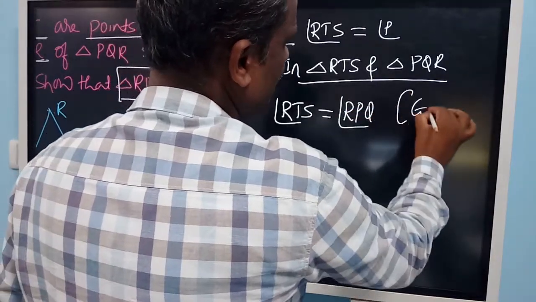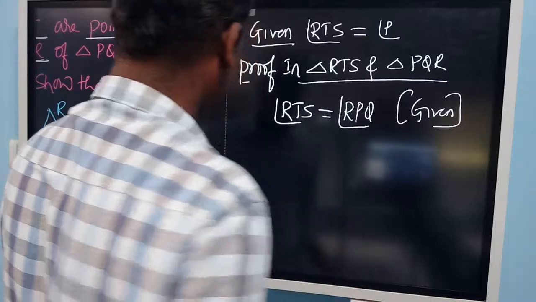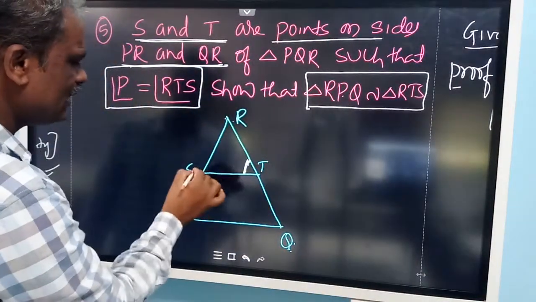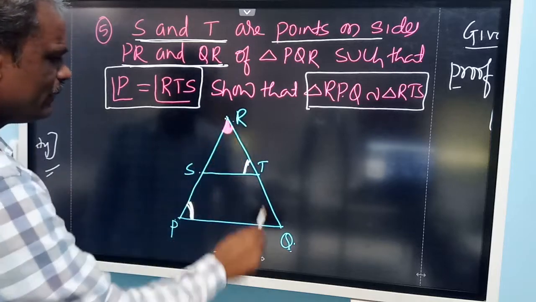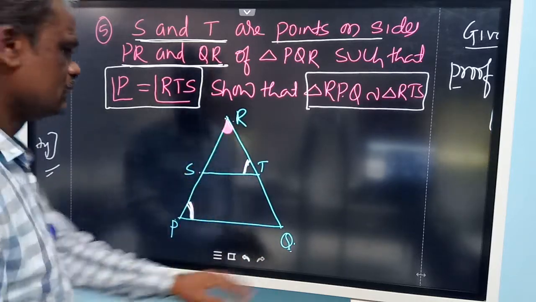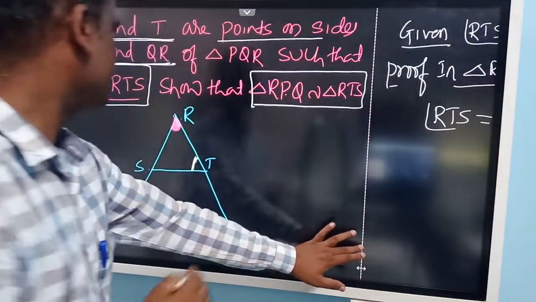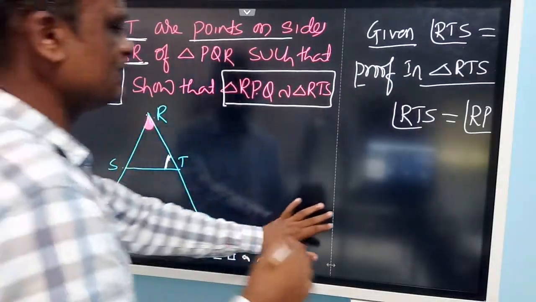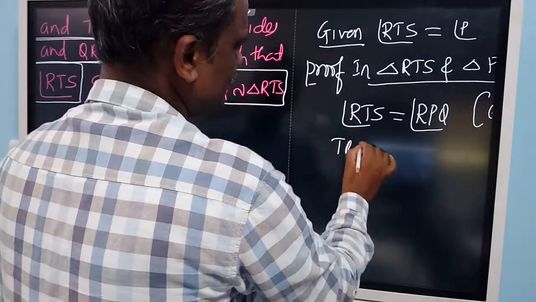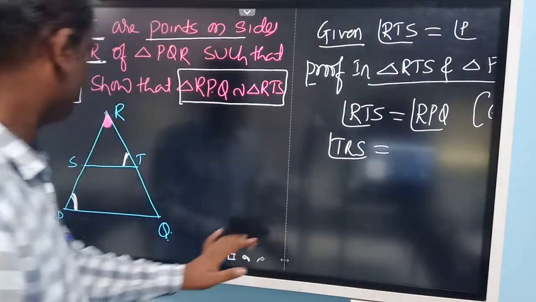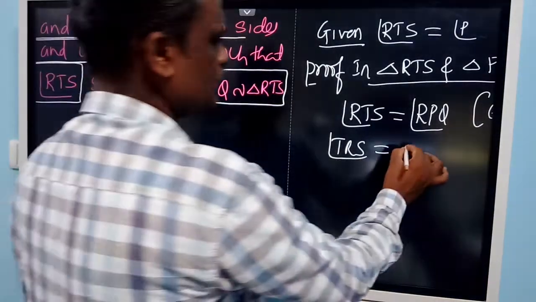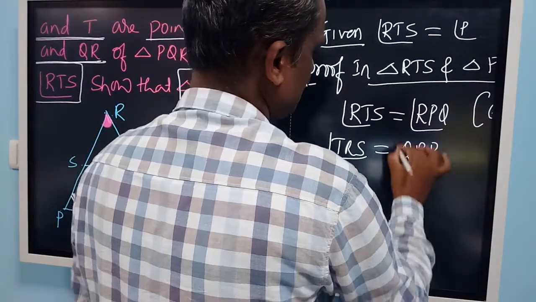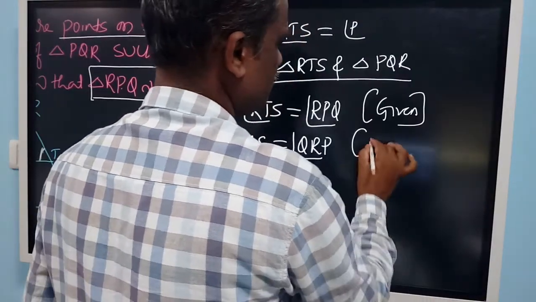So this is given, one angle equal. Now in triangle RTS we have this angle, and in PQR also we have angle R. So I will write angle TRS is equal to angle QRP. So it's a common angle.